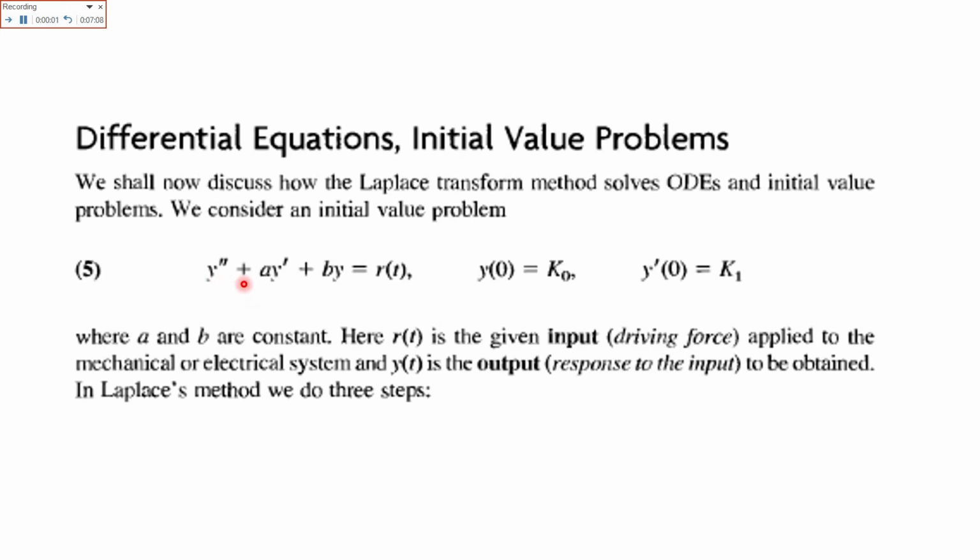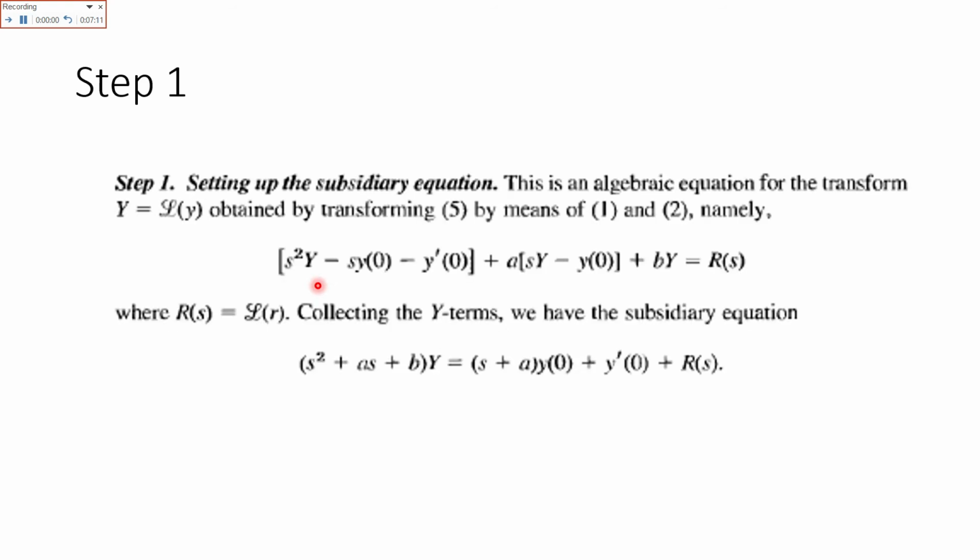Here we have the main equation. We'll set up a subsidiary equation. This is an algebraic equation for the transform of y, that is Laplace of y, which we obtain by transforming.